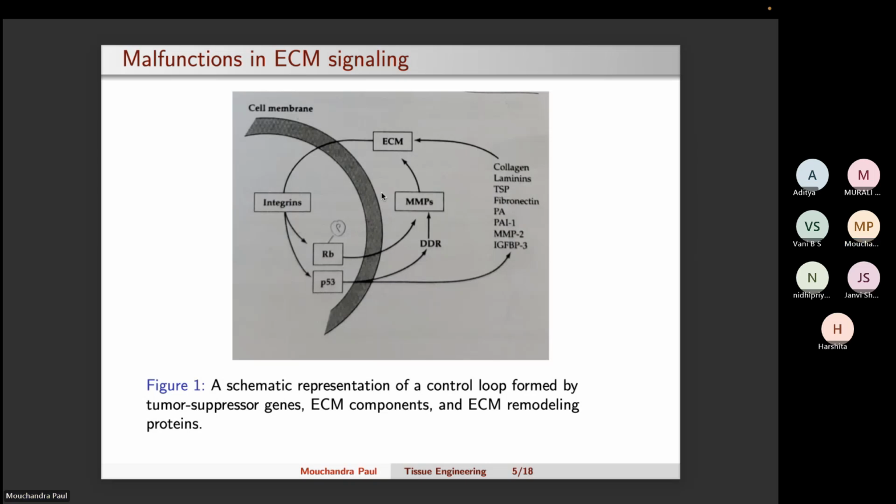And if the active gene for the MMP is mutated somehow, then also the cell-ECM interaction will get hampered, and the cell will not get the normal physiological signals, and thus its activity will start malfunctioning, and it can even become cancerous. So when the balance in this kind of feedback loop gets disrupted, malfunctioning in ECM signaling can result.